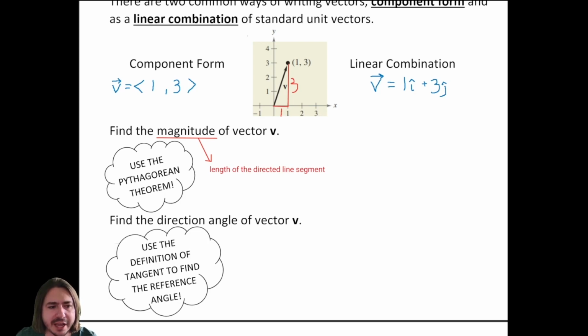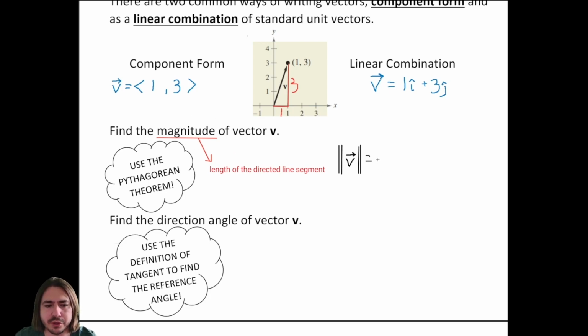Now, notationally, the way that we'll actually write magnitude is we'll use these bars, kind of like absolute value bars, but there'll be two of them. And we'll say the magnitude of vector v equals. So if you see these double bars around a vector, that is referring to the magnitude, okay?